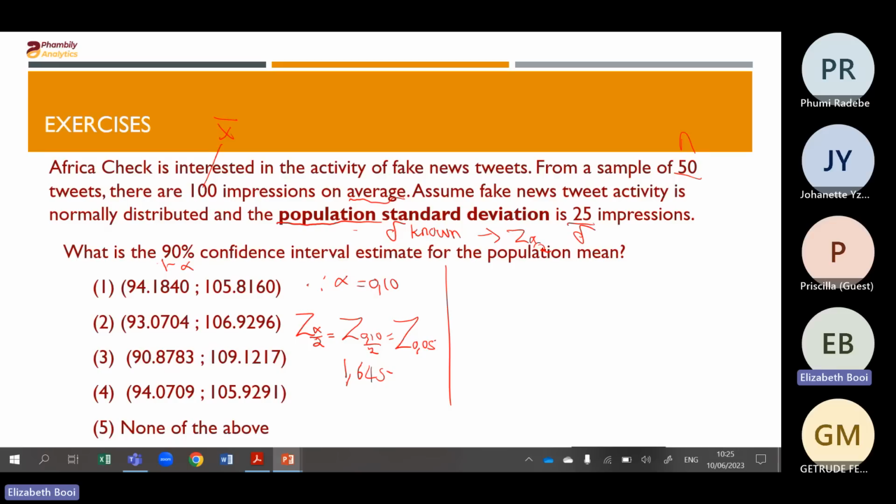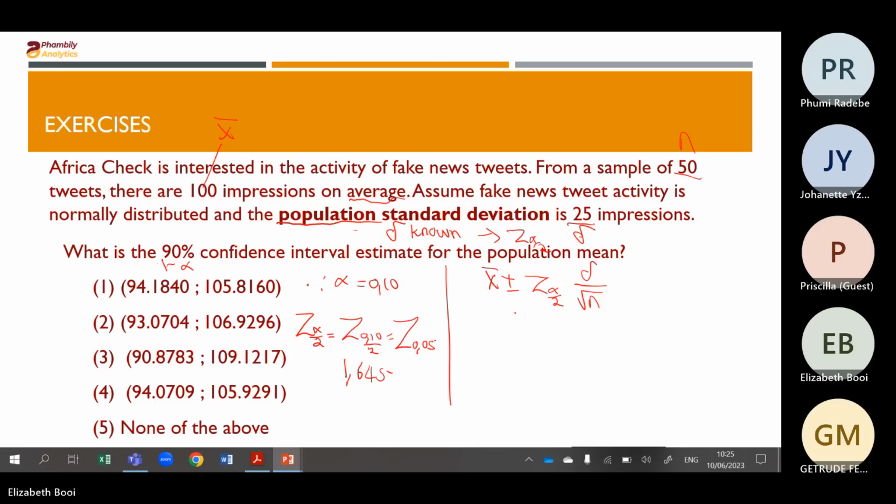So now we have our critical value, but our question was to find which one of these is correct by means of making a 90% confidence interval. We know that our population standard deviation is known, so it's X bar plus or minus Z of alpha divided by 2 times the population standard deviation divided by the square root of n.